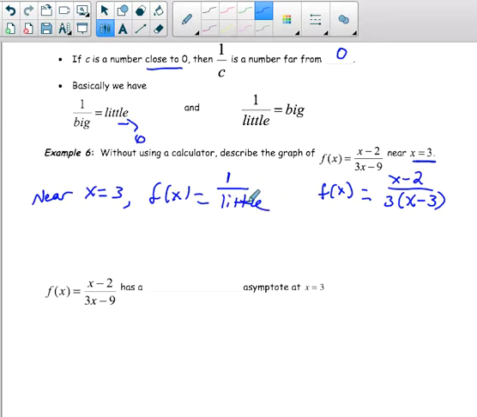And 1 over little is big. Right? So what we're saying then is as x goes to 3, close to 3, y values go to plus or minus infinity, depending on the sign, which side we're approaching x from, as x goes to 3.